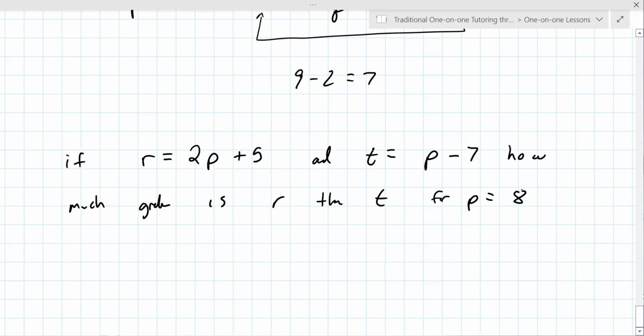P equals 8. Yes. Okay, I got it. So 2 times 8 is 16 plus 5. That's going to be 21. And then 8 minus 7 is 1.